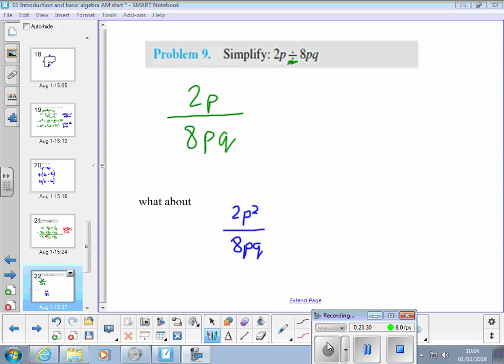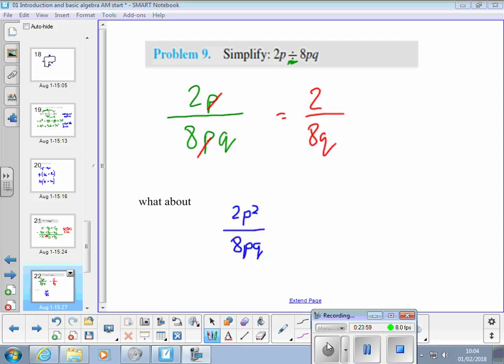So now what can we do? Effectively the p divided by p cancel each other out. So we can say that's equal to 2 over 8q. Anything else? Divide both sides by 2.